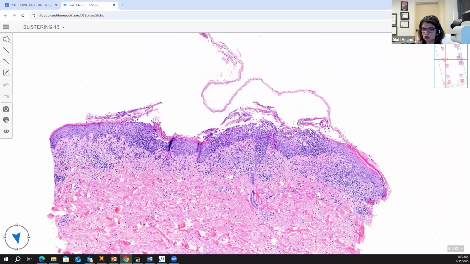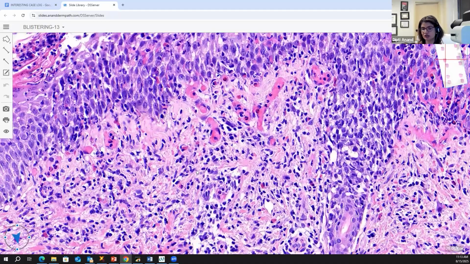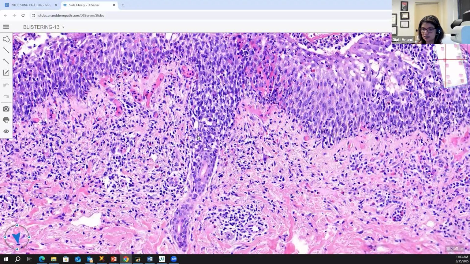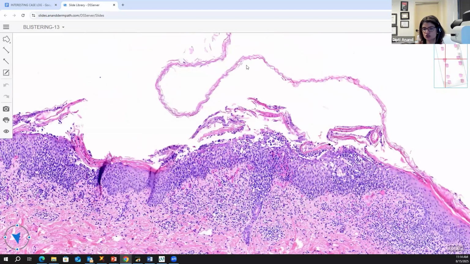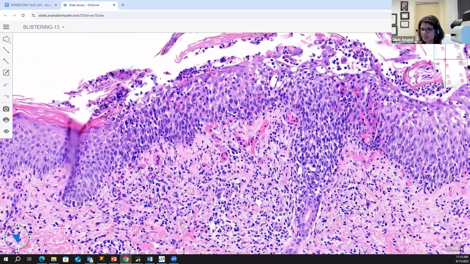So the top will look like pustular psoriasis. You're seeing the subcorneal split, but then as soon as you go into the dermis, there is going to be a predominant eosinophilic infiltrate, very easily identifiable eosinophils. So a dermal eosinophilic infiltrate with the top looking like pustular psoriasis because there is a subcorneal blister with neutrophils is AGEP. Nothing else will do that.